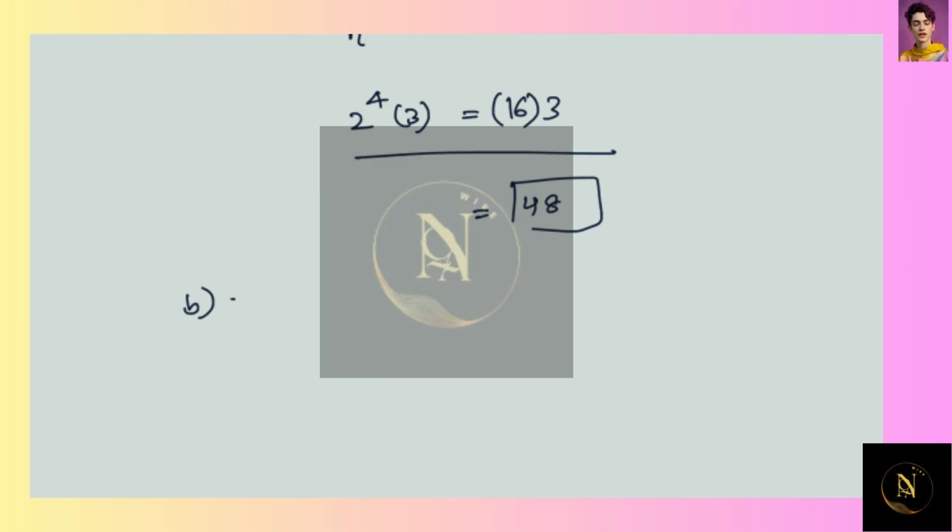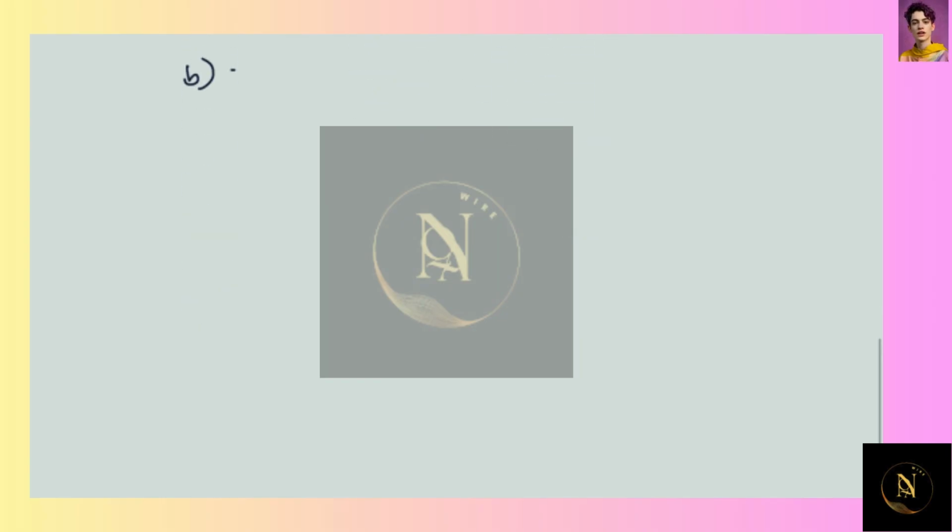Now in part B, we have to implement the function using a 4:16 active high decoder. We have to show the connections here. So we are considering a 4:16 decoder.